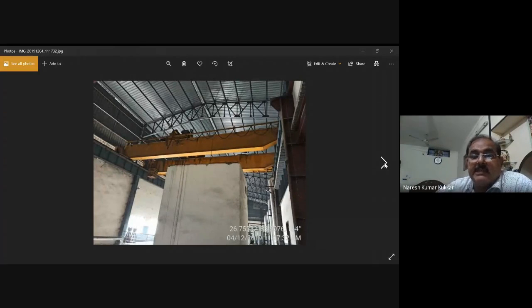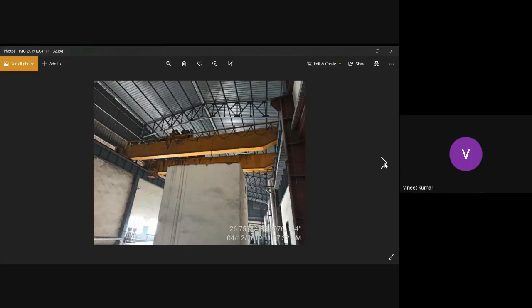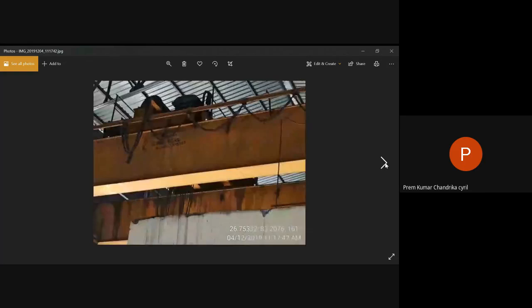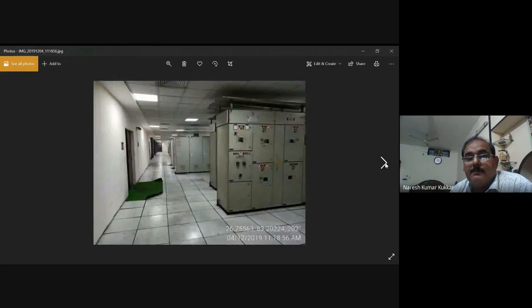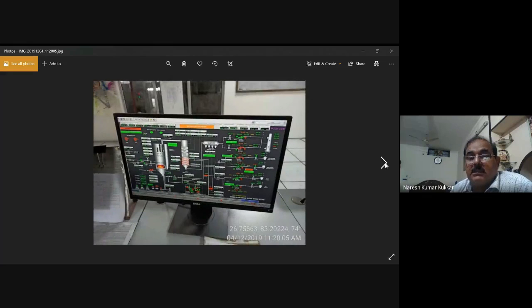What is this on the upper side? Crane. Overhead crane. These are the control room of turbines. This is a total control system.